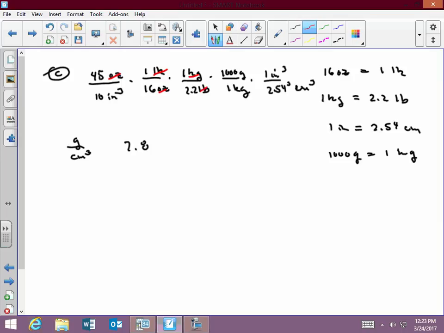So I have just centimeter cubed left, and I got grams left, inches, and centimeter cubed. Okay. So I got grams per centimeter cubed.